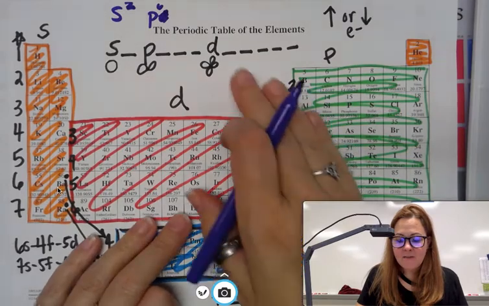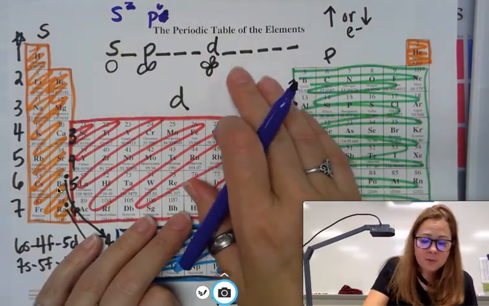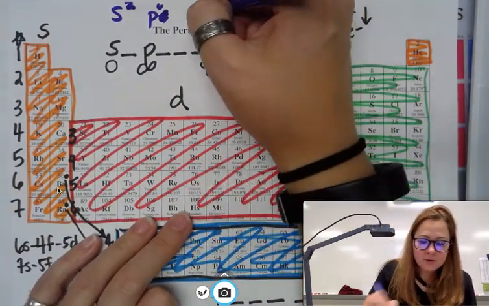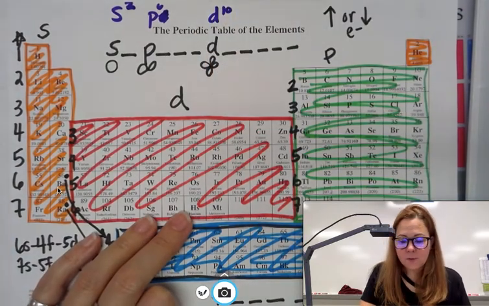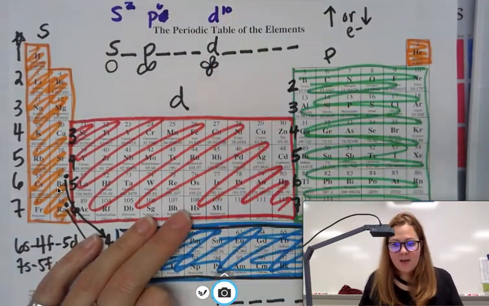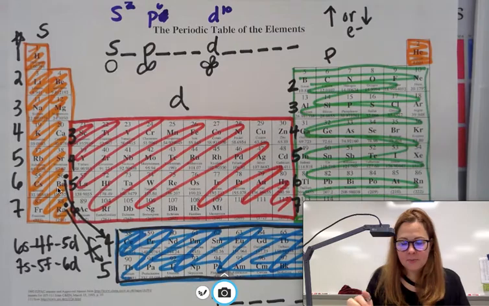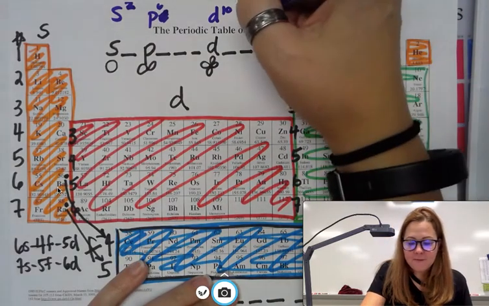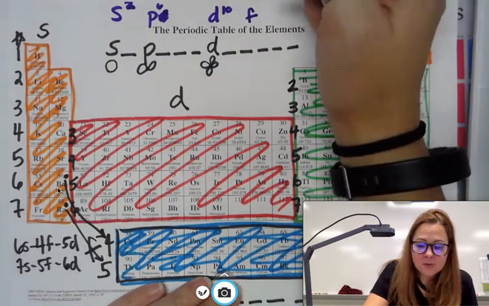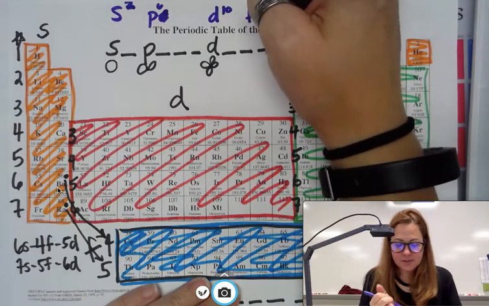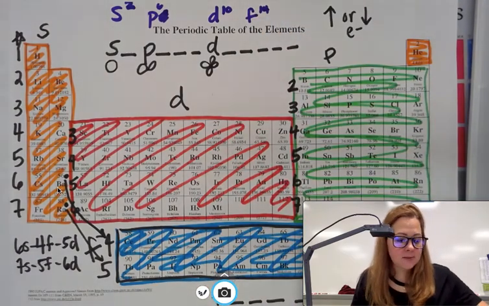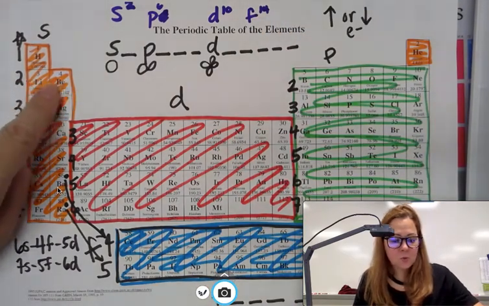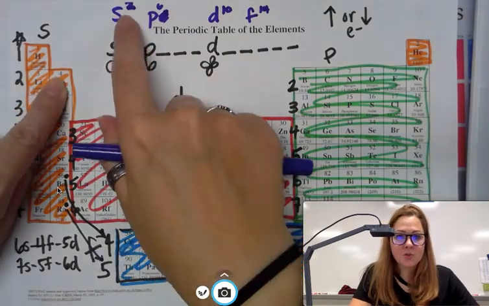D, we had 5 orbitals. For those 5 orbitals, it holds 10 electrons: 2, 4, 6, 8, 10. And then F was down here at the bottom, underneath my picture. If you have an F, there were 7 orbitals, so that holds 14 electrons. If you actually count across the S block, S is 2.